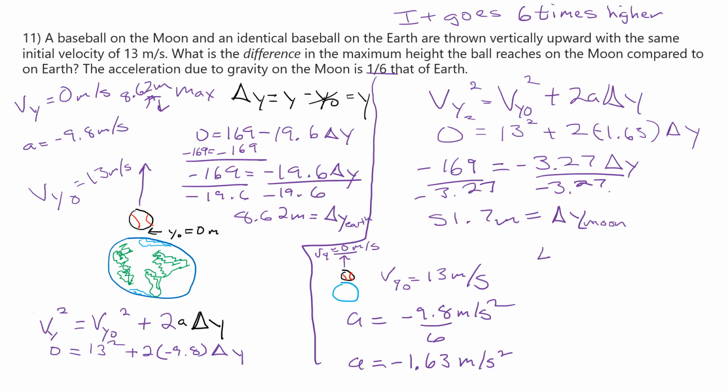So we're going to say the Earth gets subtracted from the moon. So we'll say 51.7 meters minus 8.62 meters is about 43.1 meters.